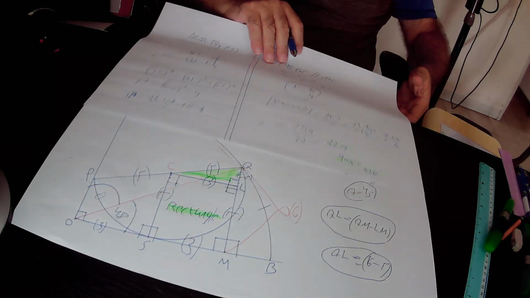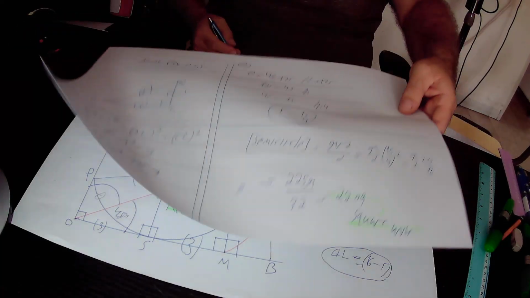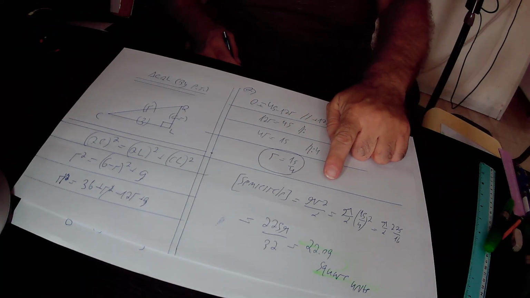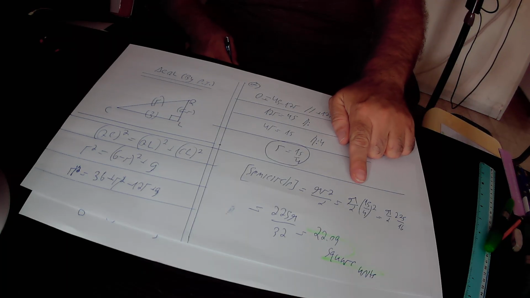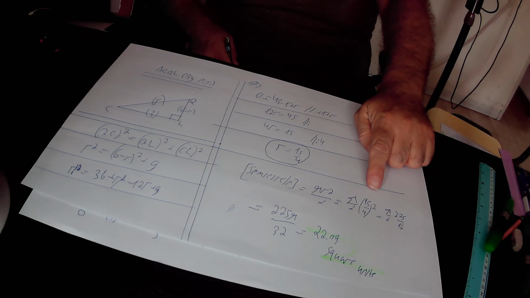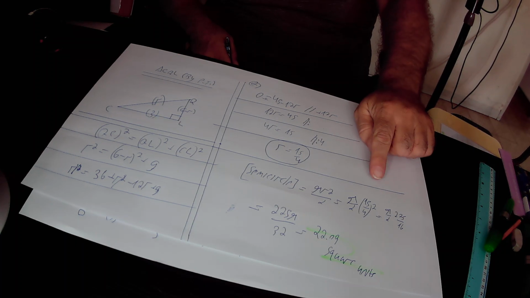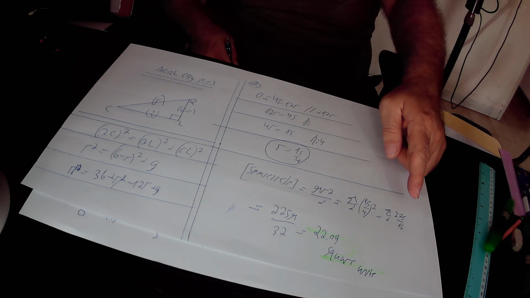Our task is to find out the area of this semicircle. Actually, we know that the area of any semicircle equals half the area of the circle, that is pi R squared over 2. So it is pi over 2 times R squared. R is 15 over 4, therefore it is pi over 2 times 15 over 4 squared. 15 over 4 squared equals 15 squared, that is 225, over 4 squared, that is 16.